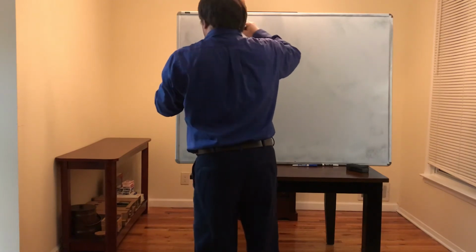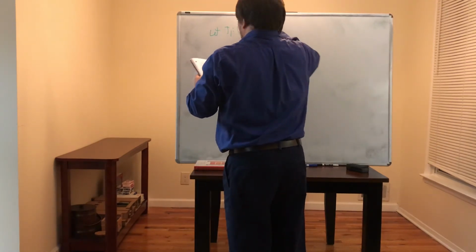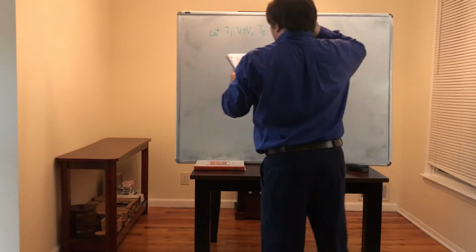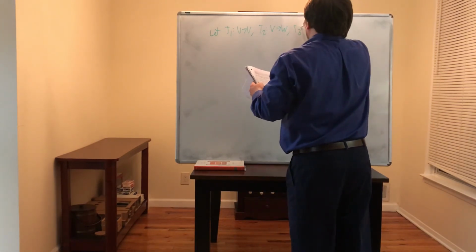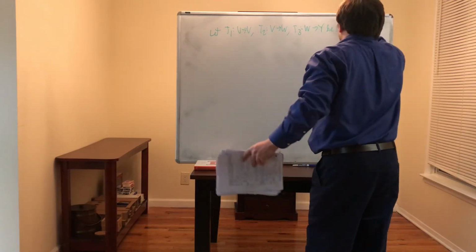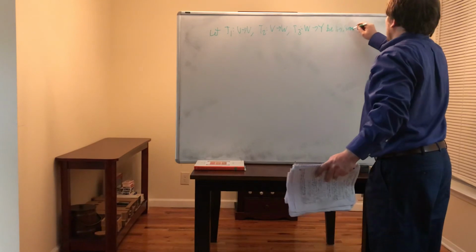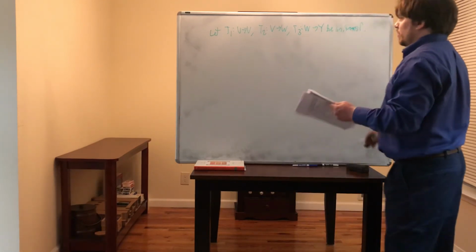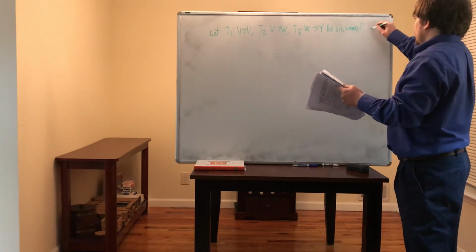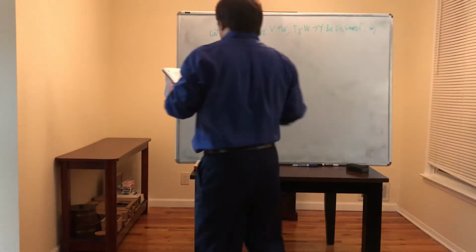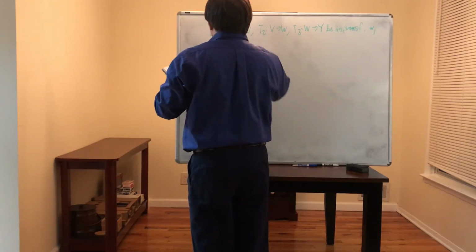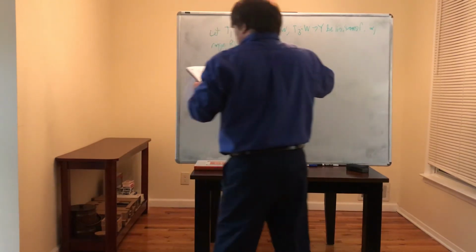Let T1 be from U to V, T2 from V to W, and T3 from W to Y be linear transformations. Okay, so T1, T2, and T3 are linear transformations.